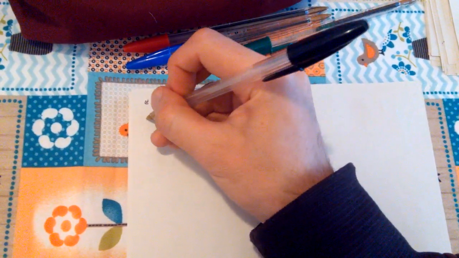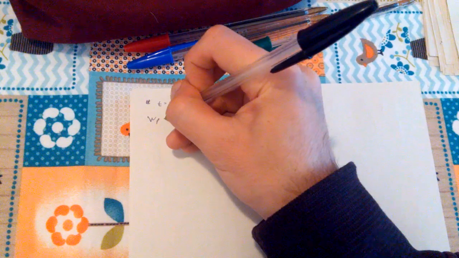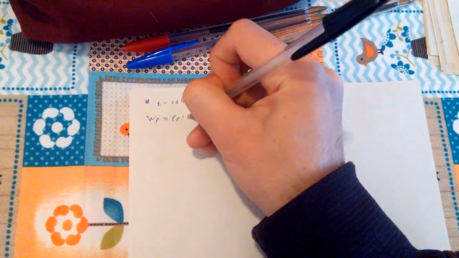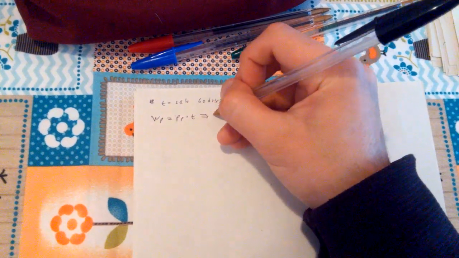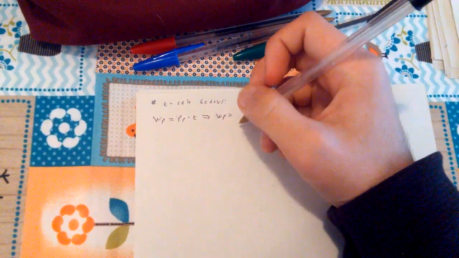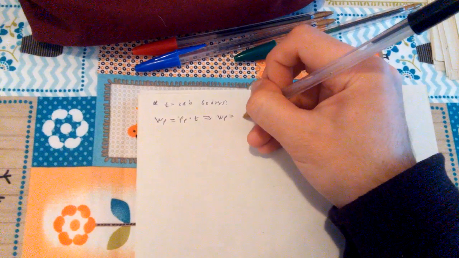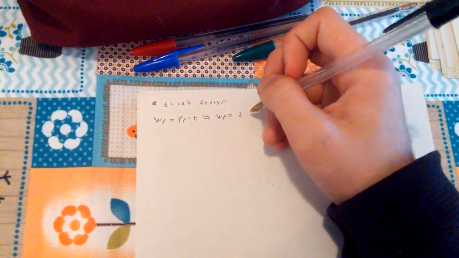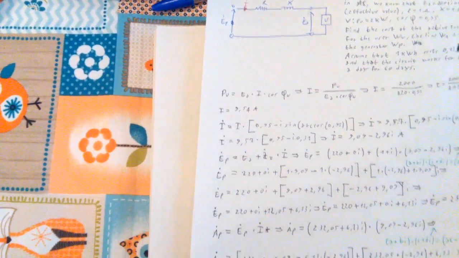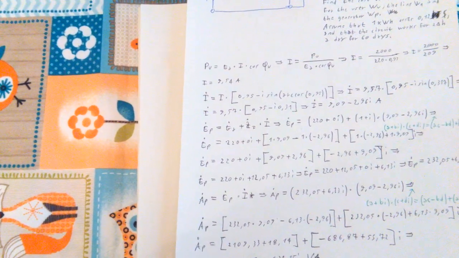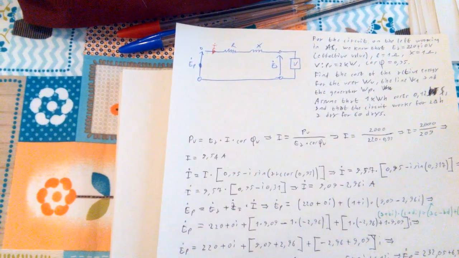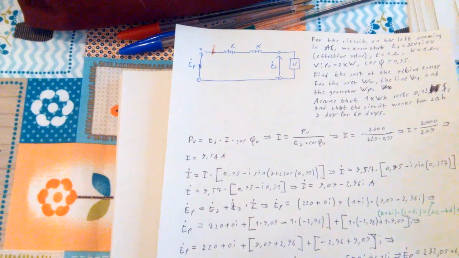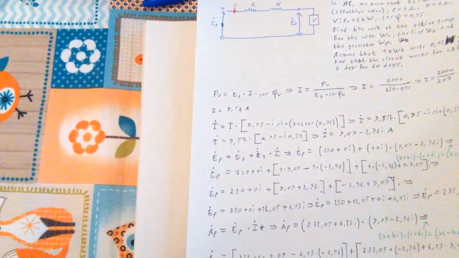WP will be PP times T, which is 24 hours and 60 days. So WP will be what was P? PP.